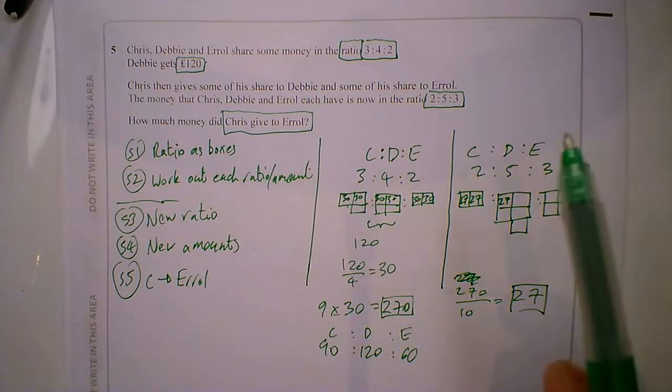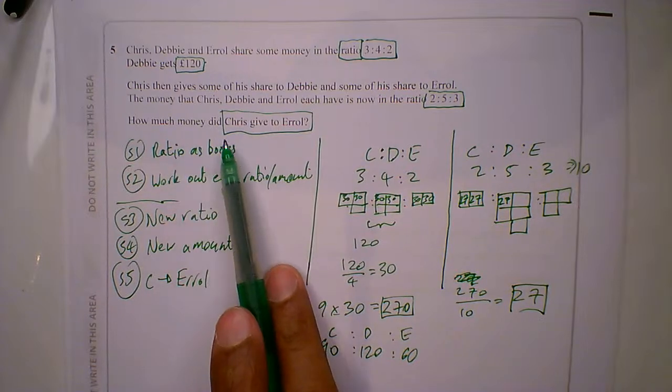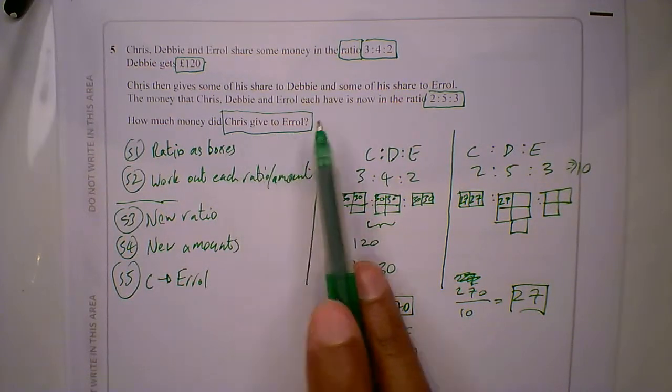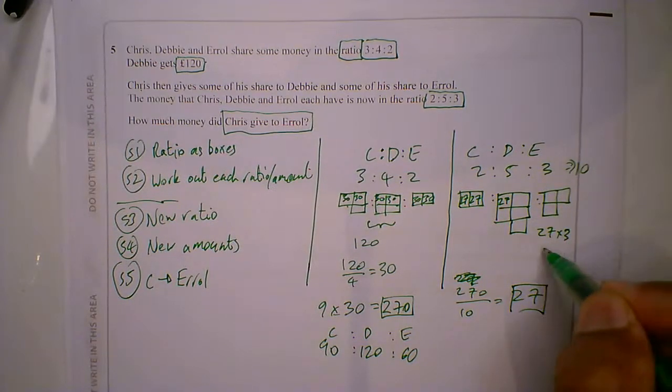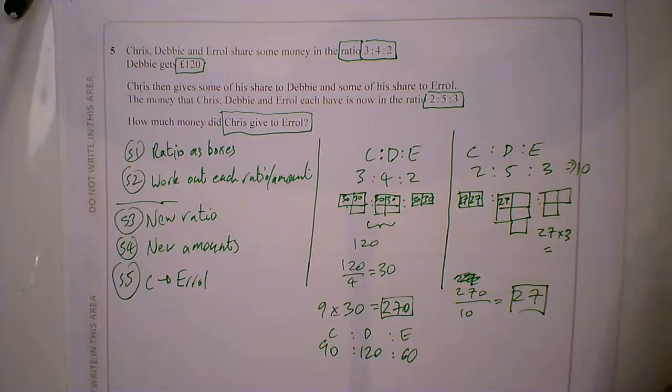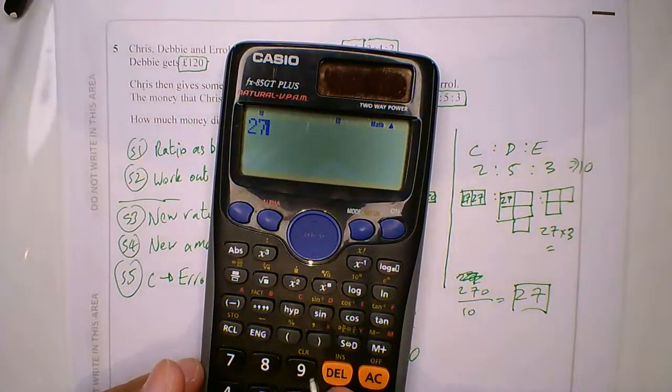Okay, and so now, how much money did Chris give to Errol? Errol is going to be 27 plus 27 plus 27, or 27 times 3, which gives us 81.